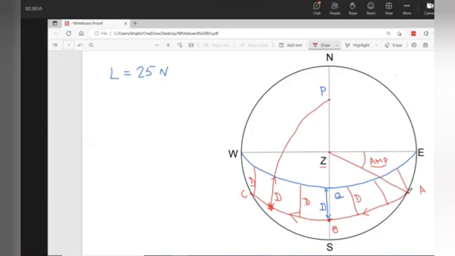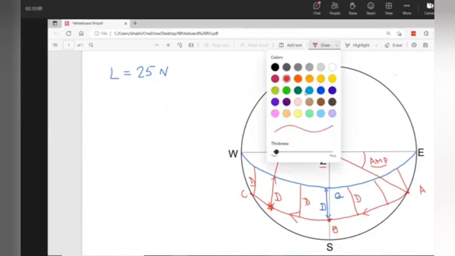Prime vertical circle means a great circle passing through the east of the rational horizon, right, sir? I'll tell you, beta. Let me highlight the prime vertical circle here.